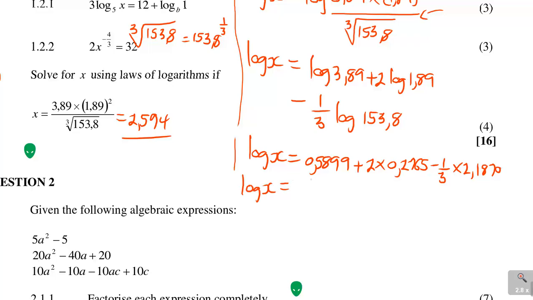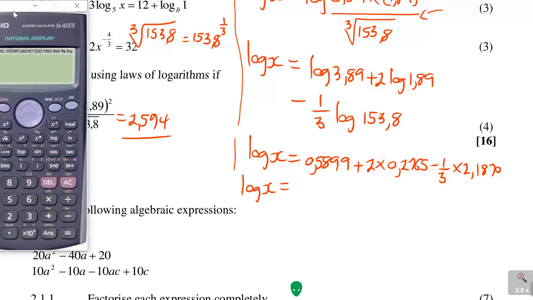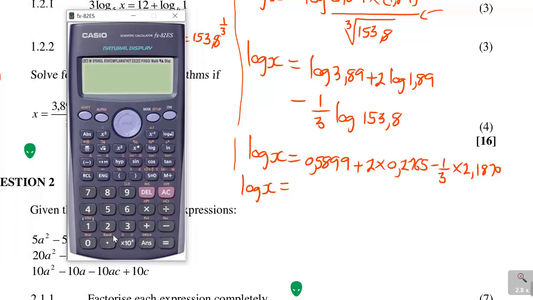Then after that I've got log x. Now I'm going to do it at once. I multiply and add and subtract what I need to do. So it's 0,5899 plus 2 times 0,2765 minus 1 over 3 times 2,1870, and then it gives me one answer there, which is 0,4139.